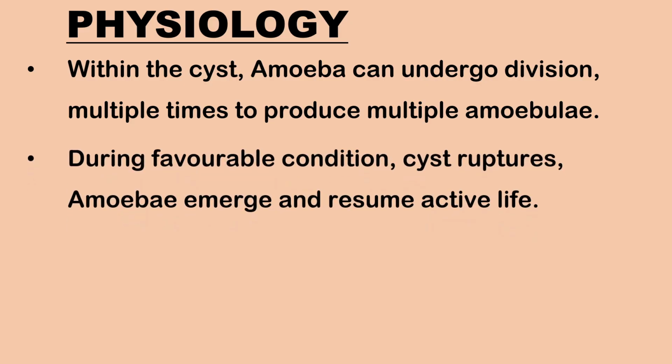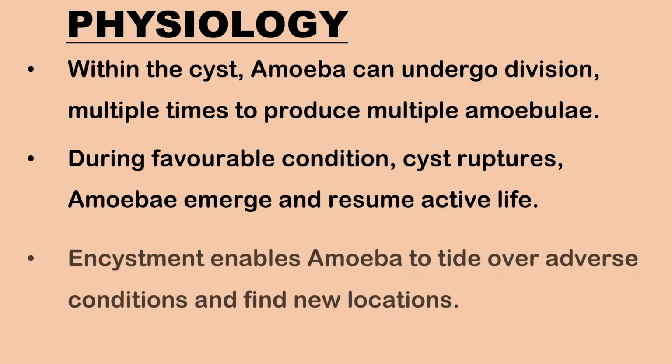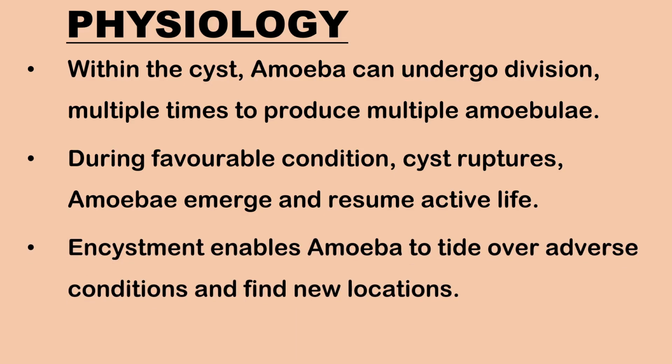During favorable condition, the cyst ruptures, amoebae emerge from the cyst and resume their active life. Encystment enables amoeba to tide over periods of drought and find new locations when the cysts are blown by wind.